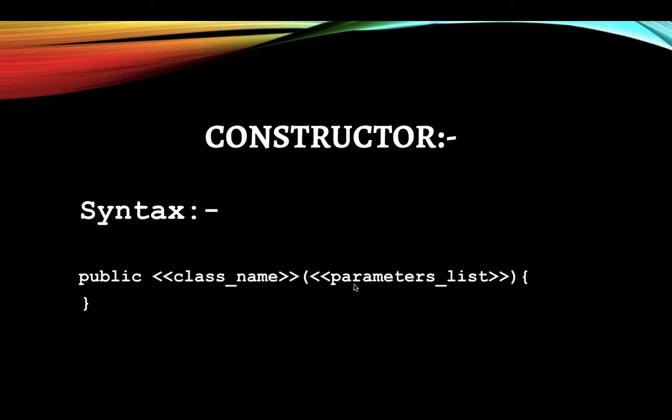You can pass zero arguments, an empty parameter list, or n number of parameters. Inside this constructor, you can assign values, call any method, or call the superclass or anything.